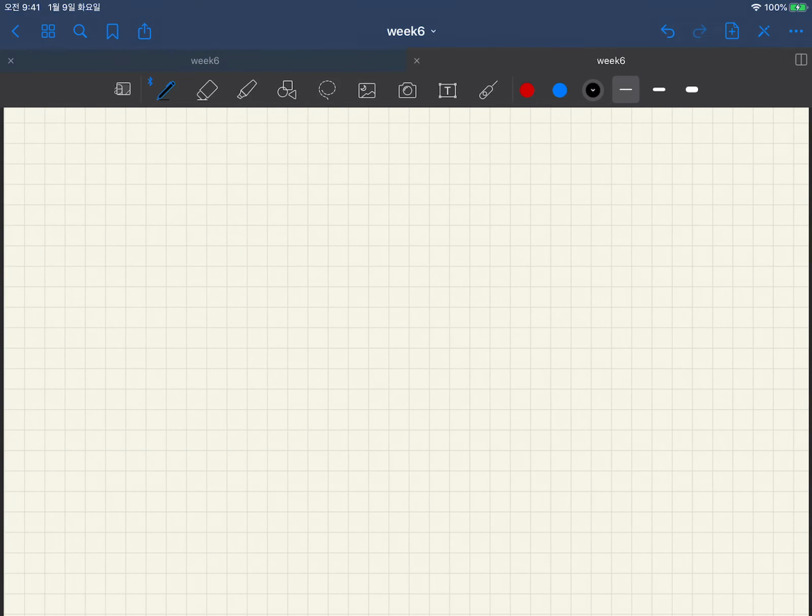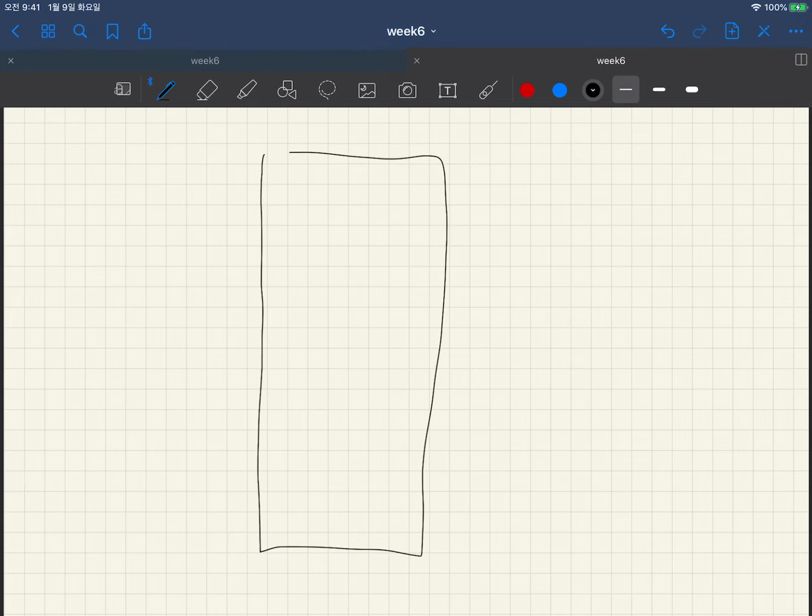Okay, so roughly, when you have a very deep convolutional neural network, here is the input and here is the output.